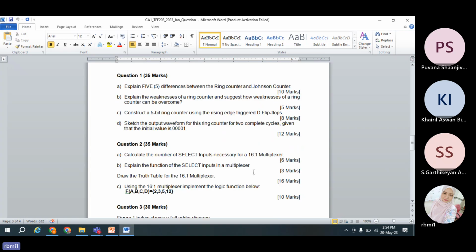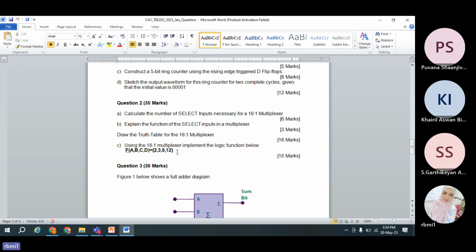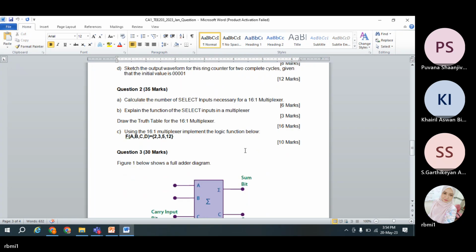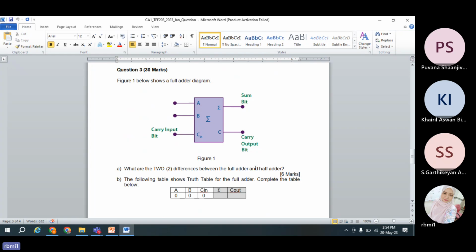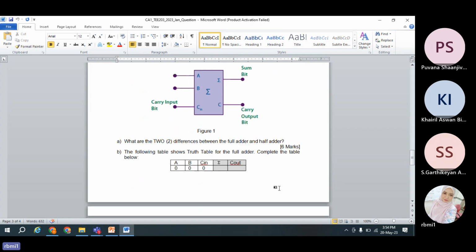For question 2, I think it is more on unit 2. You guys can scroll first to the unit 2 tutorial, its PowerPoint slides. The full adder is actually covered in digital electronics, we had a bit the other day, because previous semester I taught digital electronics, so it is also in digital electronics.